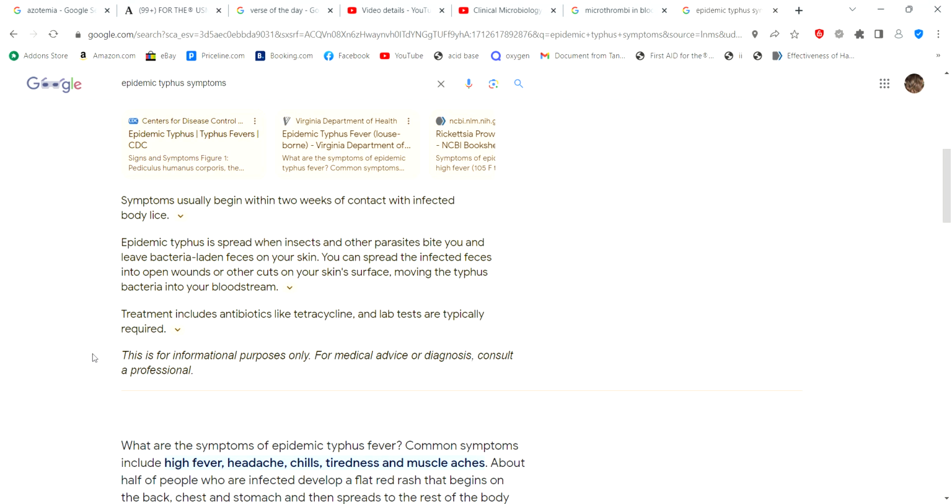So, typhus is spread when insects and other parasites bite you and leave bacteria-laden feces on your skin. You can spread the infected feces into your open wounds or other cuts on your skin surface, moving the typhus bacteria into your blood.